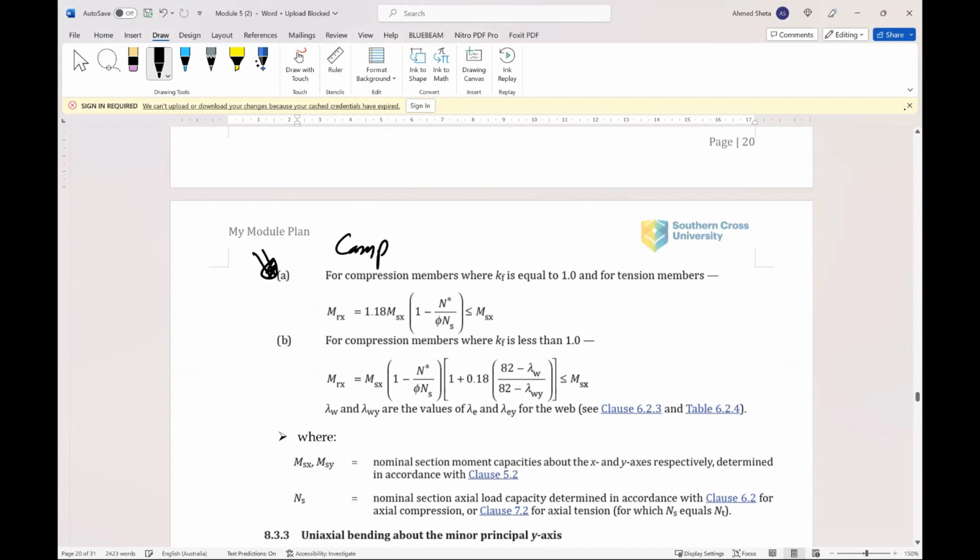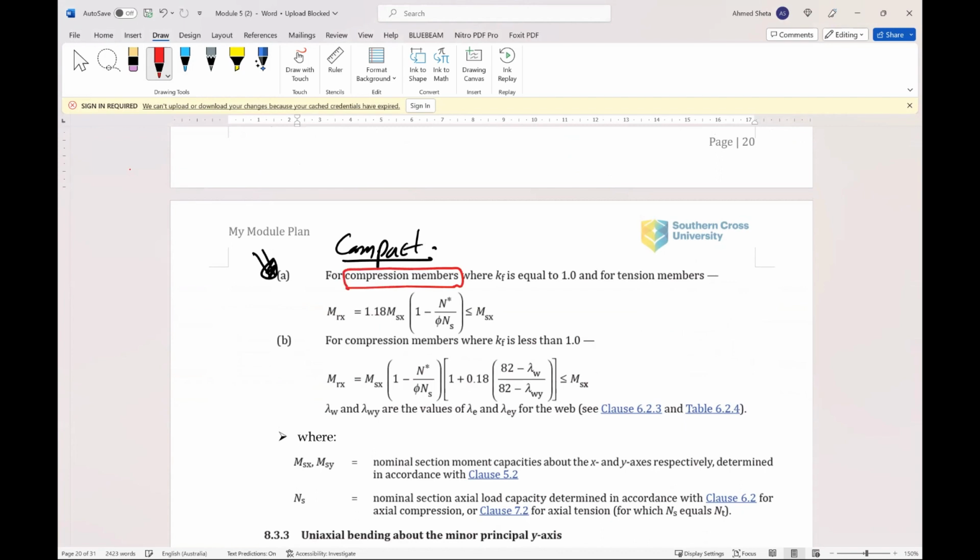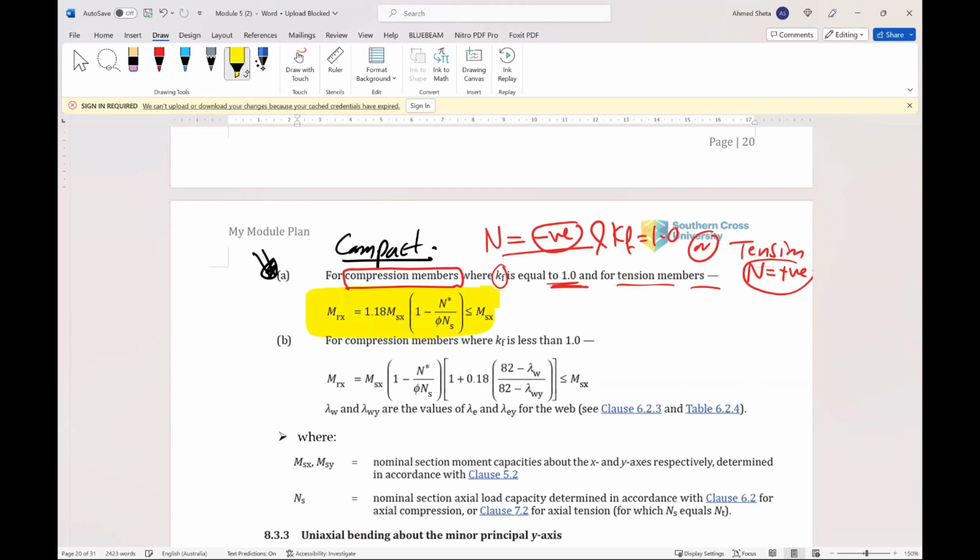If the section is compact, for compression members, where N is negative or compression, and kf is equal to 1, or for tension members, where N is positive, Mrx can be determined using these values: 1.18 Msx times 1 minus N star over phi Ns.